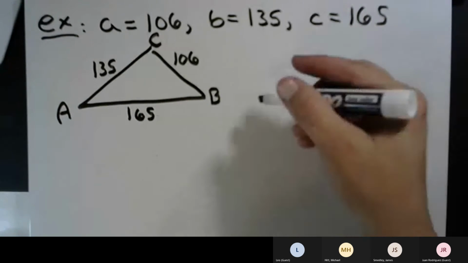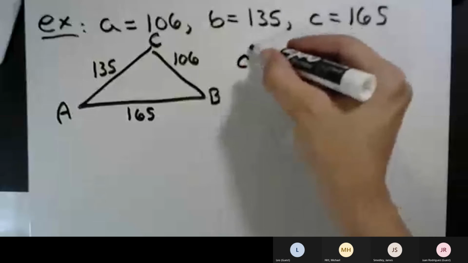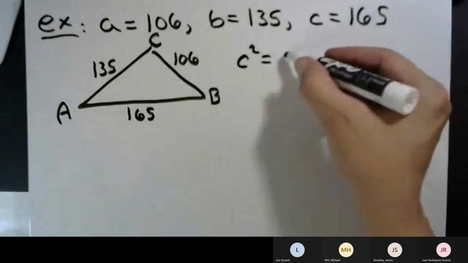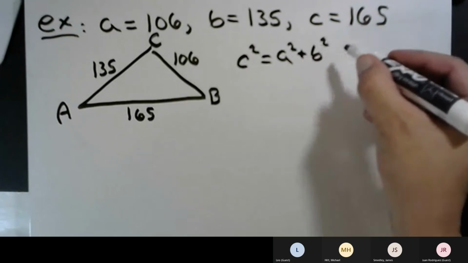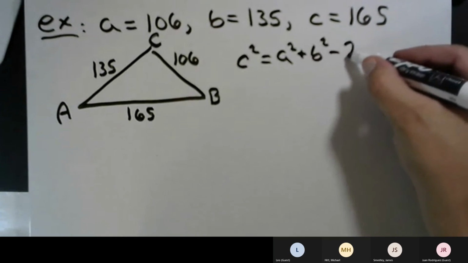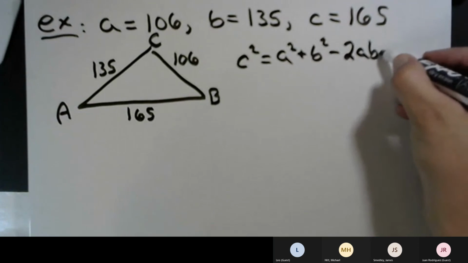Now, angle C shows up in this formula. C squared is A squared plus B squared. Again, it looks like the Pythagorean formula, but got to do some subtraction.